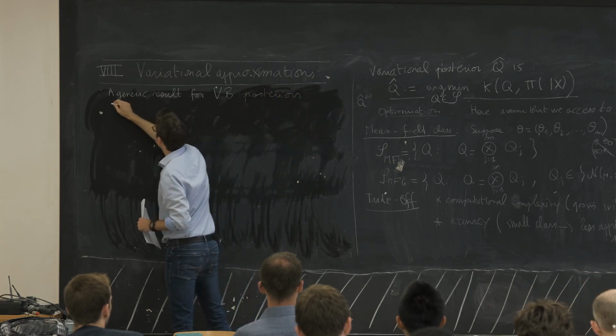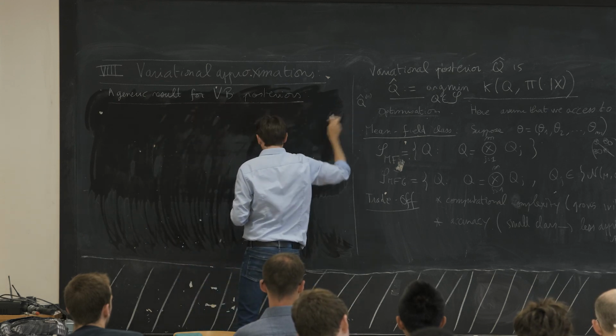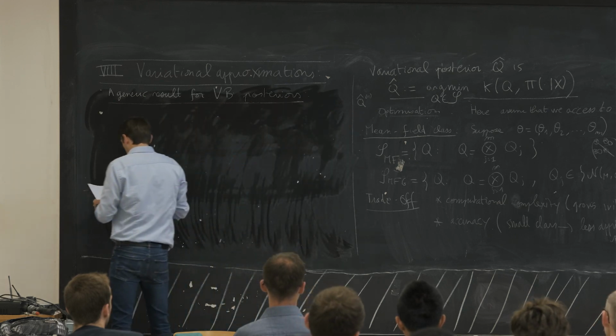The VB posterior, a bit informally, is just Q hat.